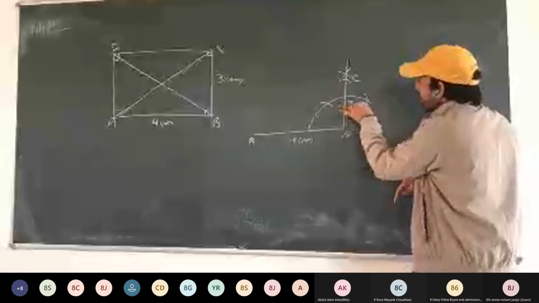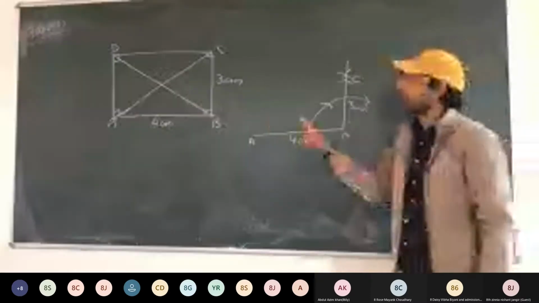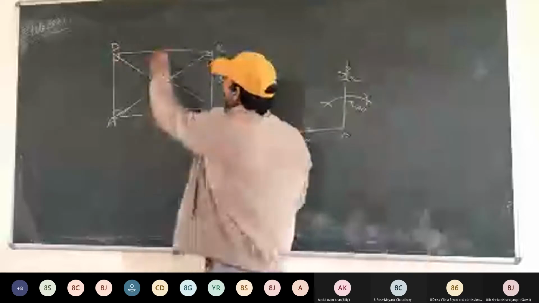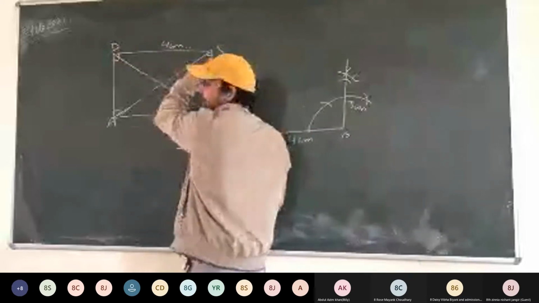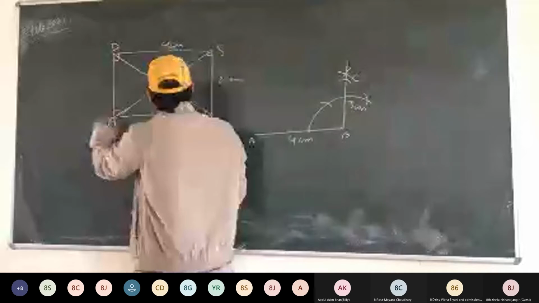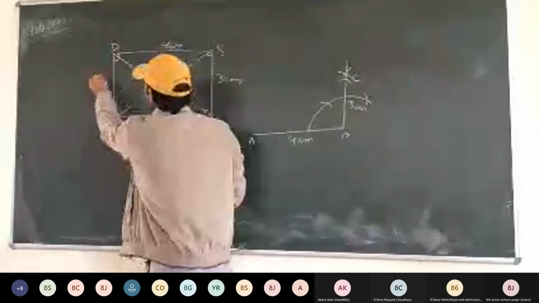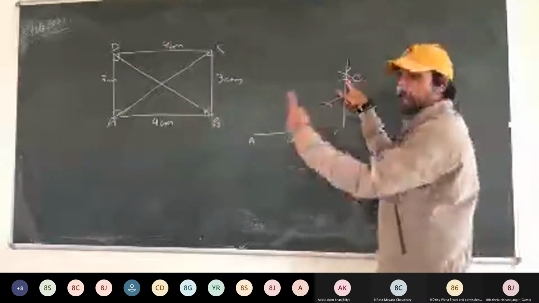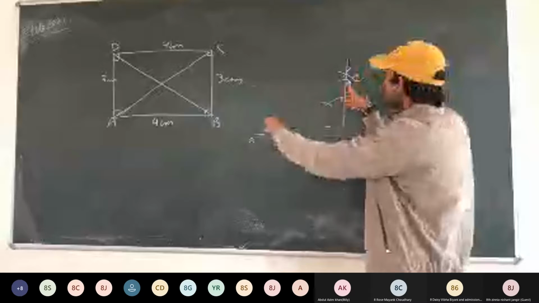Now we have to find the D point, where it will be. Opposite sides are equal. So D will be how far from C? 4 centimeters. How far from A? 3 centimeters. So again, take 4 centimeters radius and from C, make an arc.